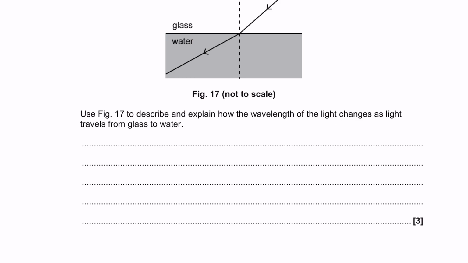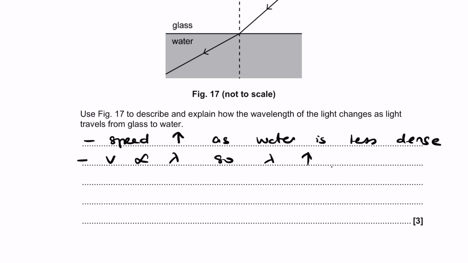So from glass to water, it is going to speed up, because it is obviously less dense. So as v is increasing, lambda would also increase.